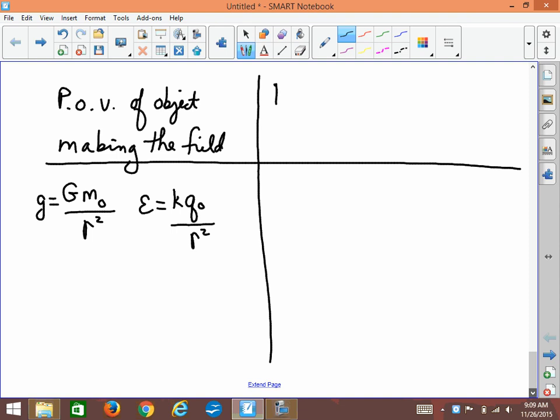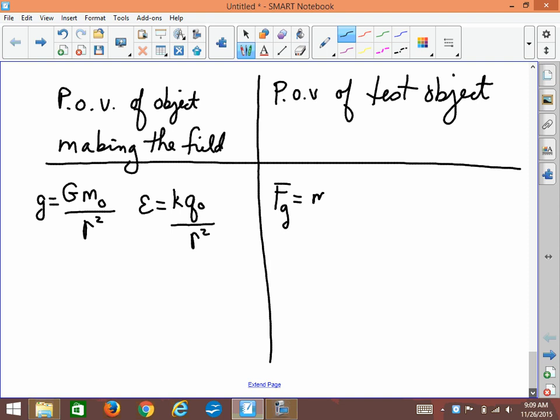But you could also look at it from the point of view of the test object. That would mean that the force of gravity is equal to the test mass times g. That's just our equation, mg.